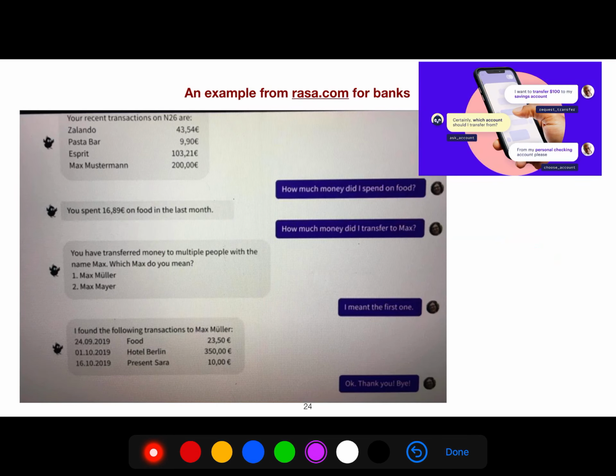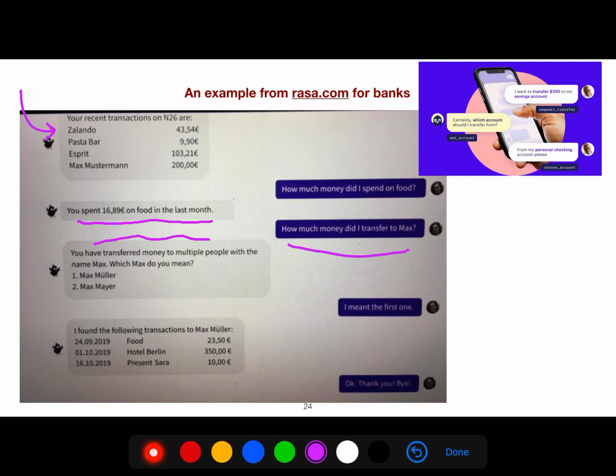And this is a successful company, Rasa, that has leveraged these dialogue systems in the real world, in banking. The customer says, for example, something, and the chatbot replies that your recent transactions are this, and the customer says, how much money did I spend on food? The chatbot says, you spent this on food, and then the customer asks, how much money did I transfer to Max?